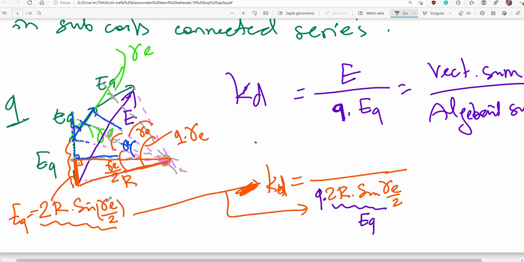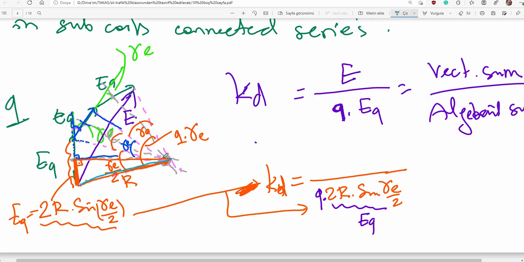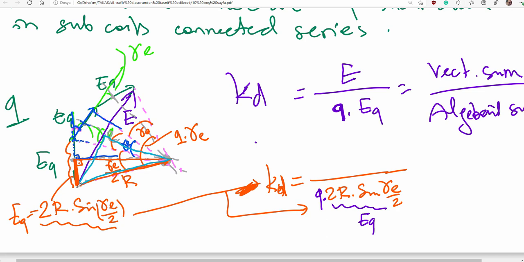And then what about this guy? Let me show you. From here, here, and here. This side is R times, that is the radius I have already mentioned, times sine the angle Q gamma E, but half of it, Q gamma E over 2.